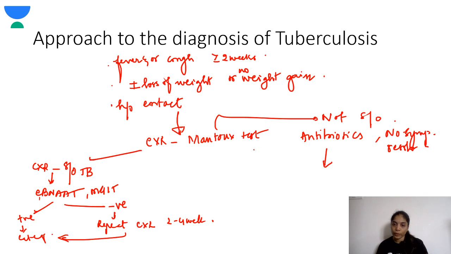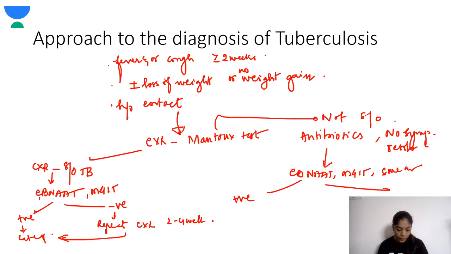You send for CB-NAT and MGIT, similarly. Now if it is positive, assign the category and treat. If it is negative, repeat the X-ray after 2 to 4 weeks. If it is positive, treat. So this is how you do it. This is very simple.